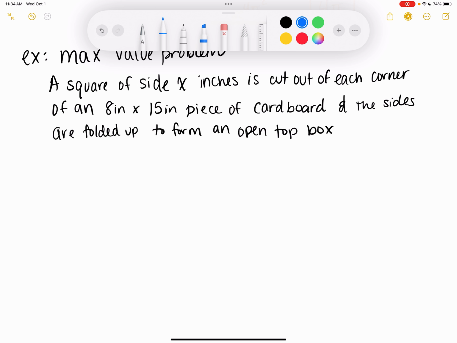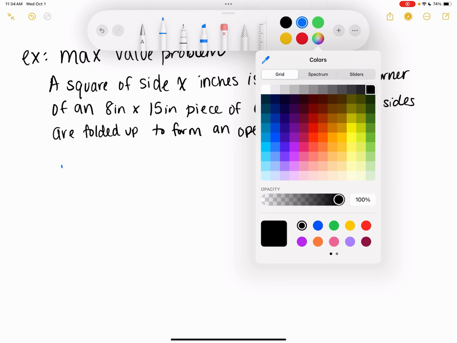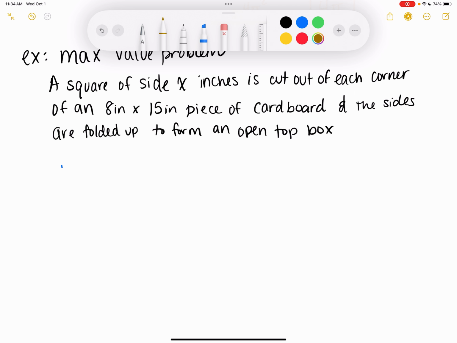So basically, I've got a piece of cardboard. I know that it's 15 inches by 8 inches.